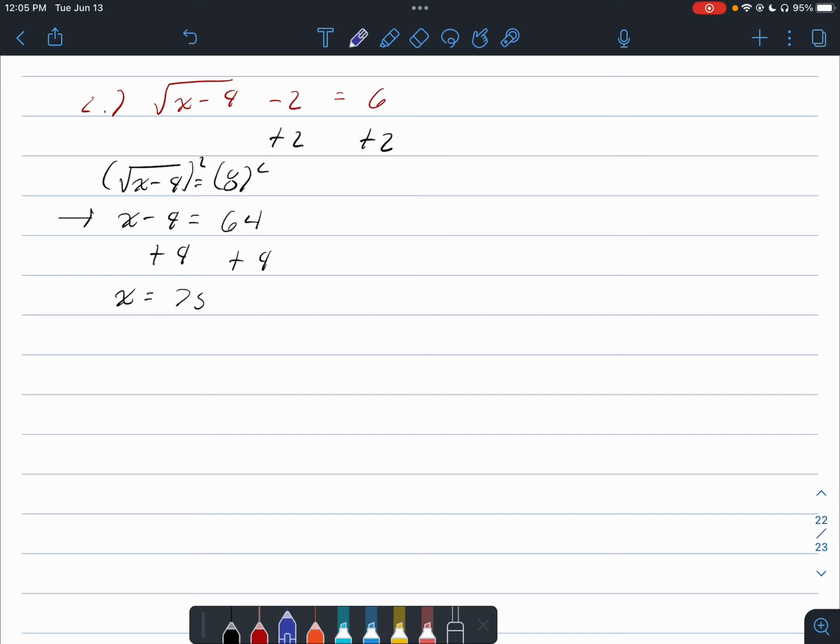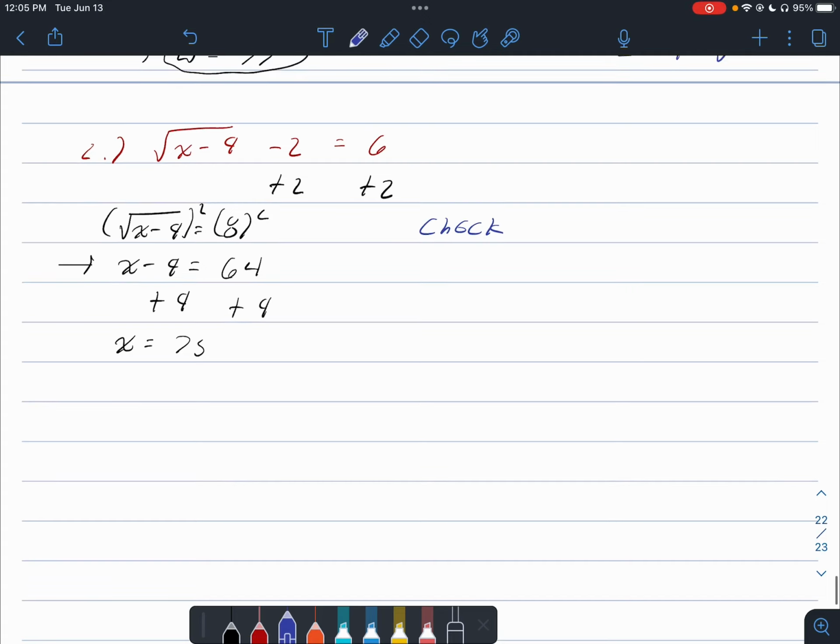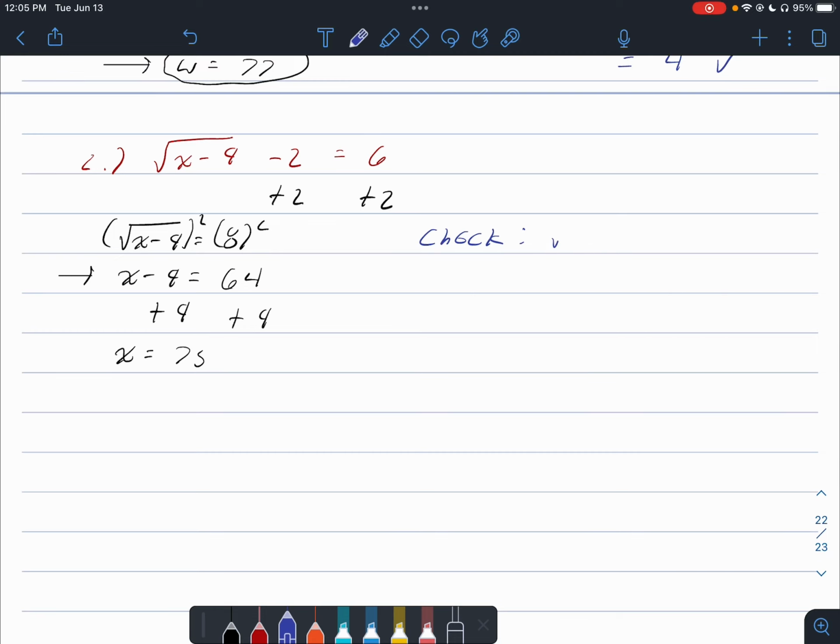Now again, it's also very important that we check our solution. If x is equal to 73, we should have the square root of 73 minus 9, minus 2, should be equal to 6 if everything checks out.